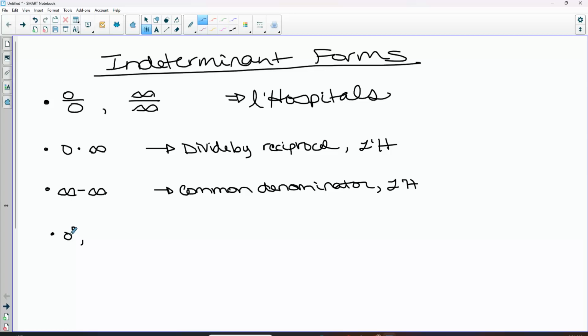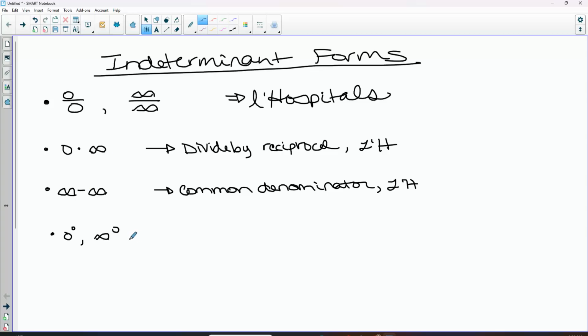So it's like a race. Are we getting to the 0 or are we getting to the 1 or something in between? The next one is infinity to the 0 power. Because again, infinity to a power should be getting bigger and bigger, or smaller and smaller if it's a negative power. But anything to the 0 becomes 1. So we can't just look at that and know.